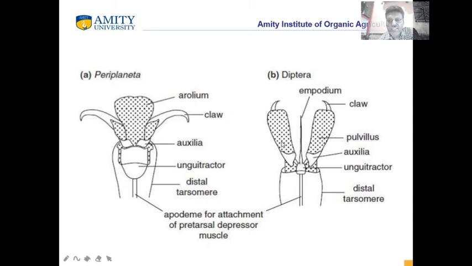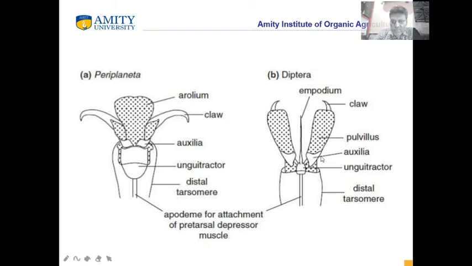In different insects, they have different structures. They are a sticking type of structure. They can catch the host. They can catch the surface with the help of their pulvillus structure.